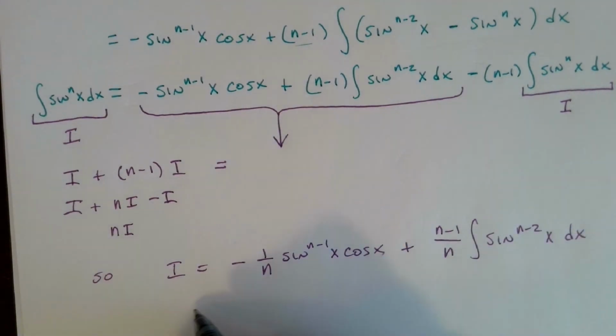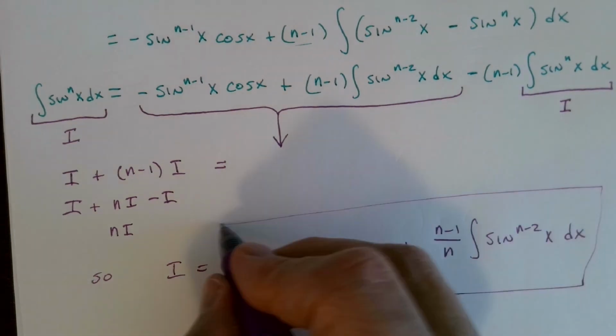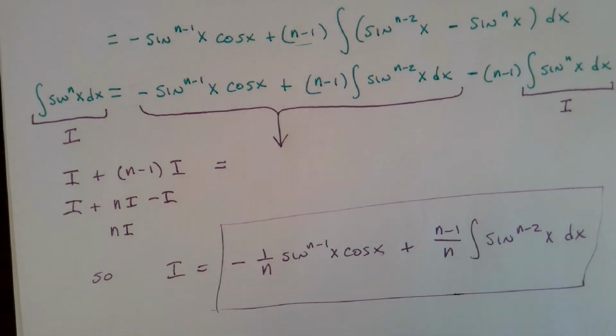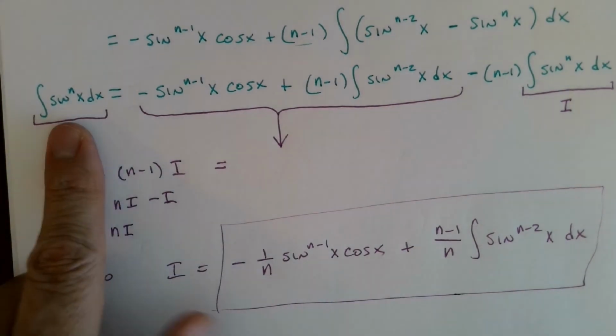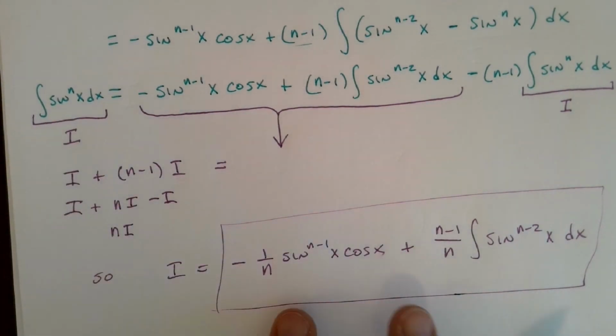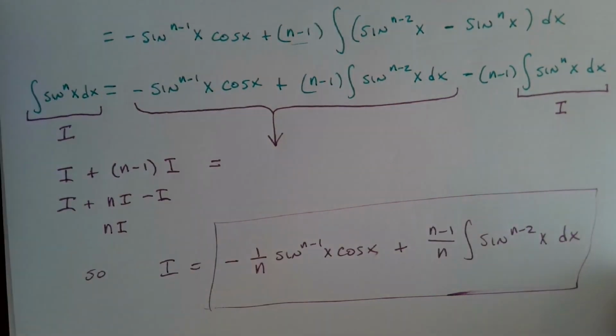And that right there, if you look at it, is the actual formula that we were given up above. So this is how you find the integral of sine^n of x. This is the so-called reduction formula, and it's derived using integration by parts. So let's make use of it now and see how this works.